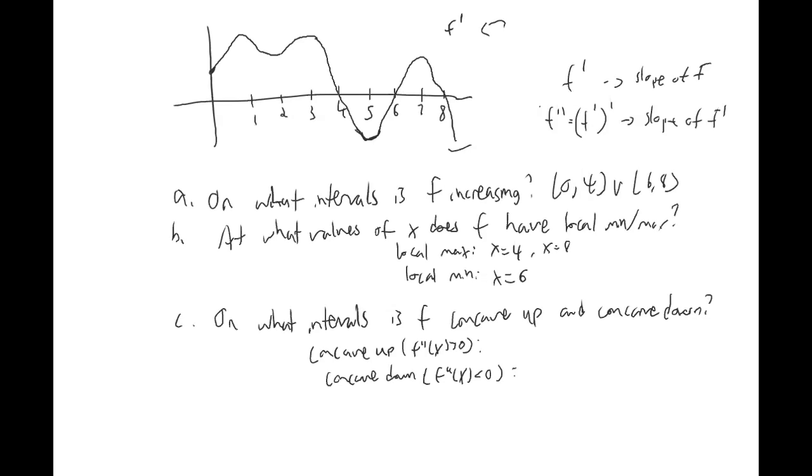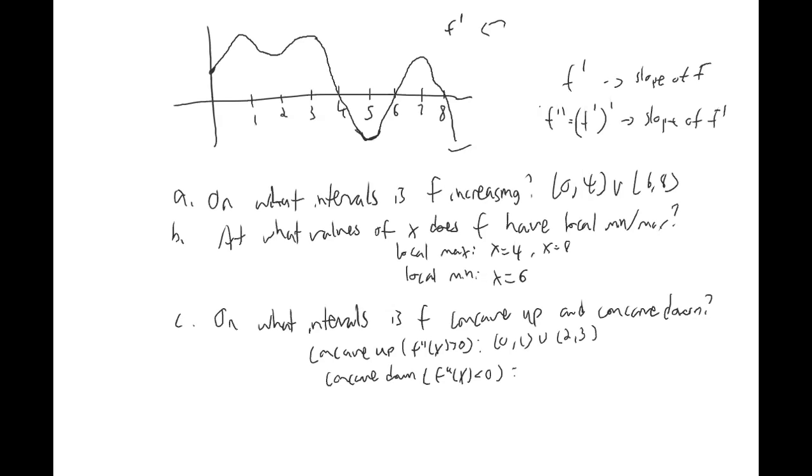Okay. So it's just asking, when is the slope of f prime positive? Can you give me the intervals for that? So what's the first interval? Good. And then, good, 2 to 3.